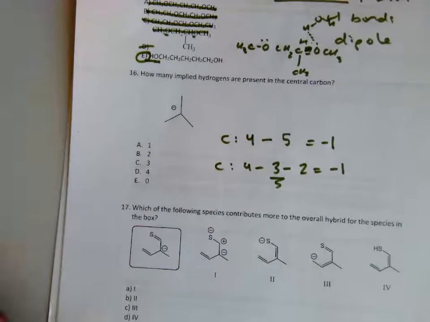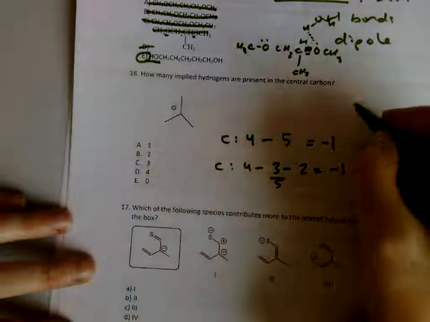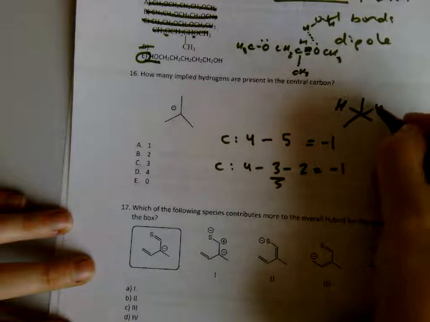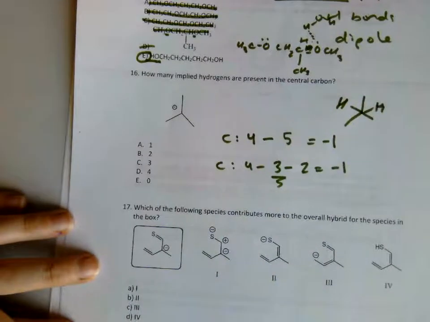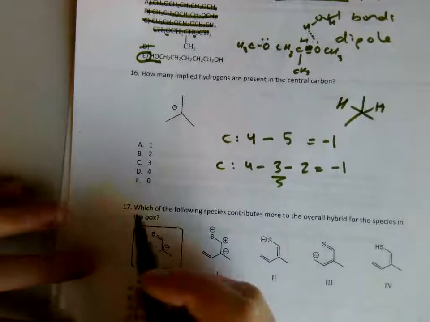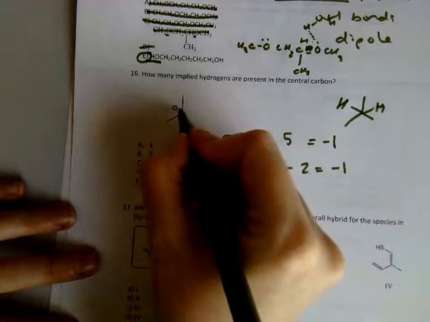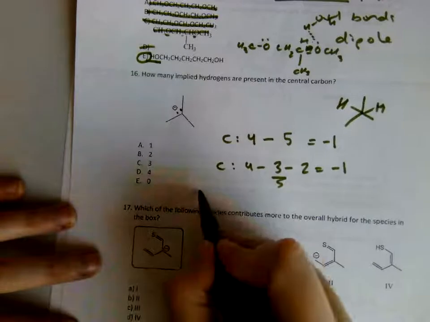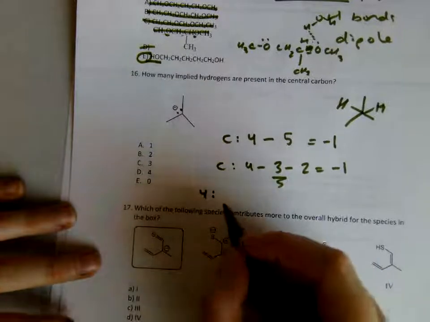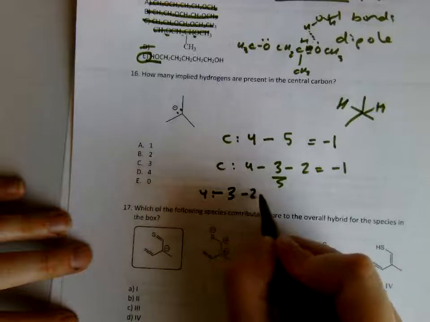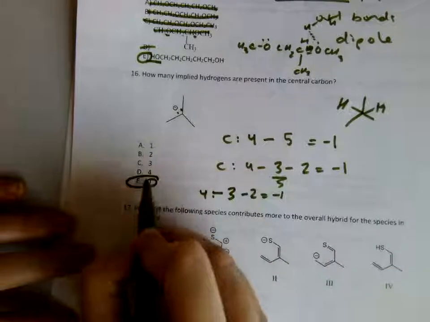The only way we could have 2 more bonds is if there were 2 implied hydrogens. And tell me why that's not right. I'm going to assume you all said 5 bonds to carbon, either out loud or in your head, so the only other way we could do it would be 2 lone pairs. So 1 lone pair, 2 electrons, 4 valence electrons, minus 3 bonds minus 2 equals -1, so I'd say 0 implied hydrogens.